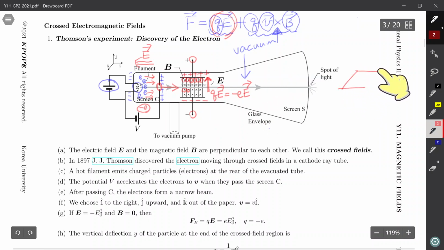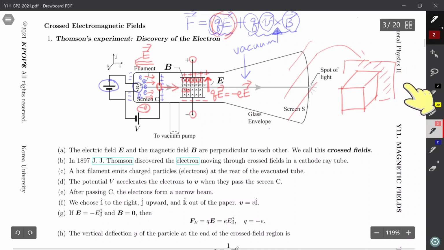So this plane is the same as this plane. Magnetic field B is entering into this cross.